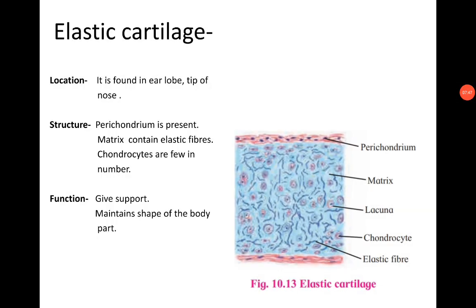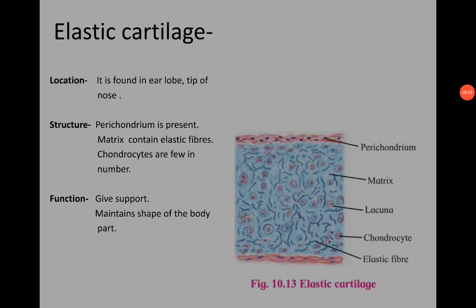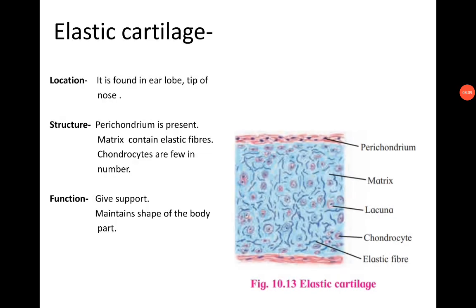So why is elastic cartilage present in our body? What is the function of elastic cartilage? Function: it gives support and maintains the shape of the body parts.